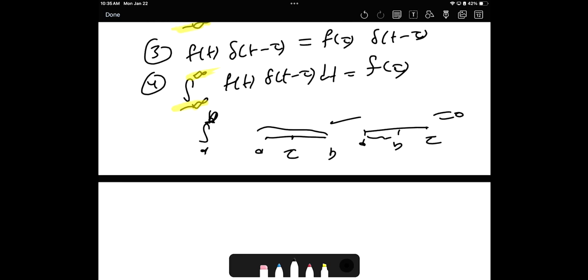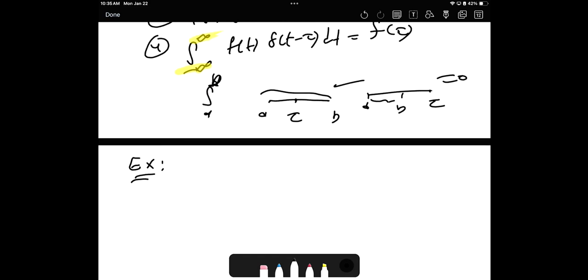Let's go to more examples. We need to calculate, here's number 1, t delta t plus 2, using the properties. Again, we call f of t delta t minus tau.